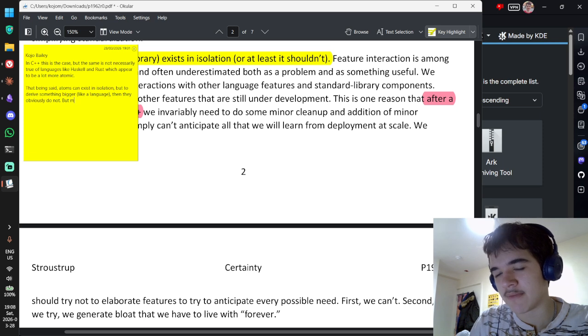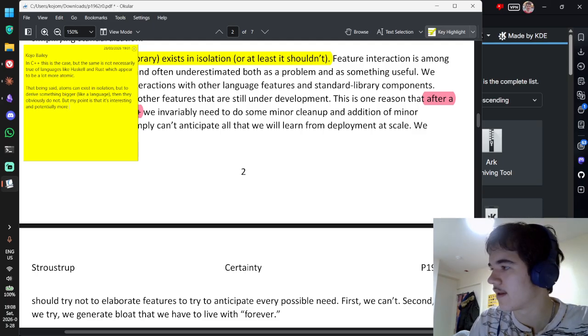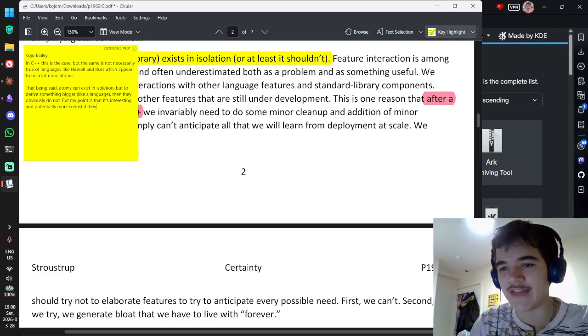But my point is that it's interesting and potentially more robust if they are able to exist in isolation.